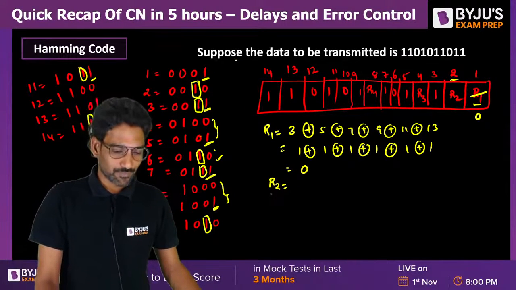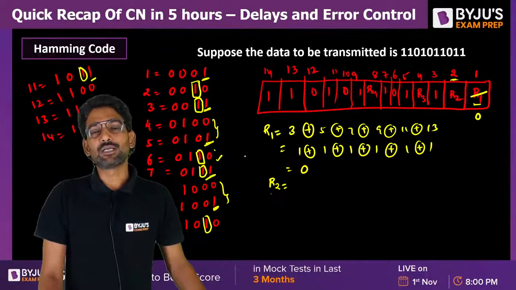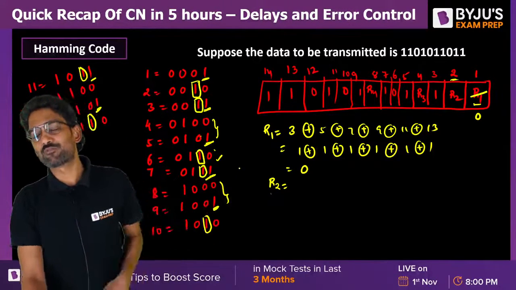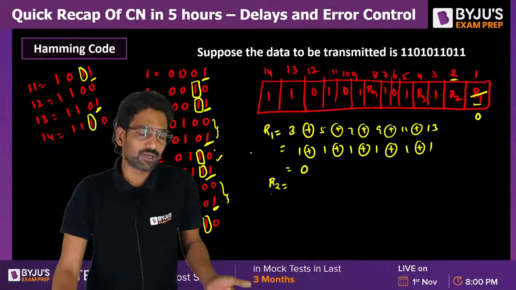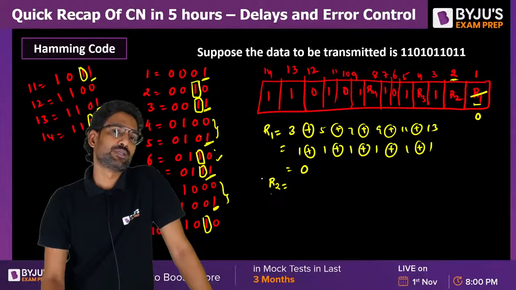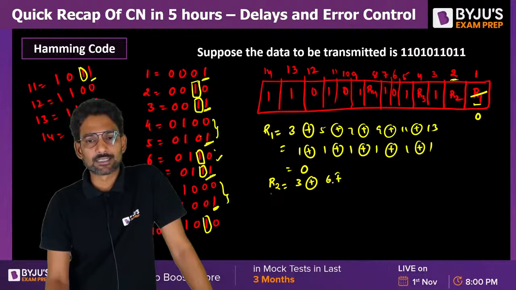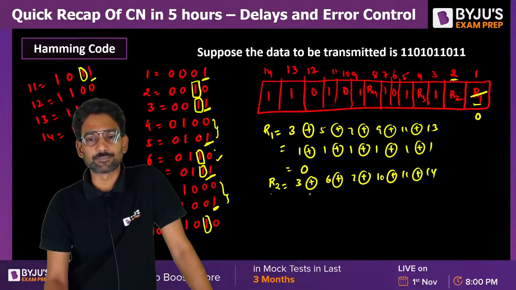So okay, I want R2, which is the second position value, so we skip it, meaning excluding that, all the remaining we include and do XOR. That means third position, 6th, 7th, 10, 11 and 14.